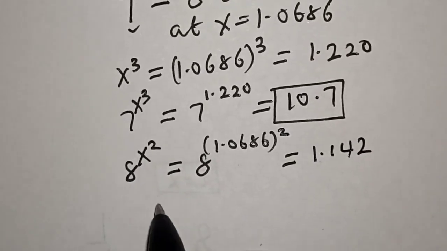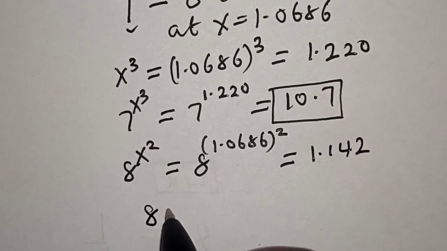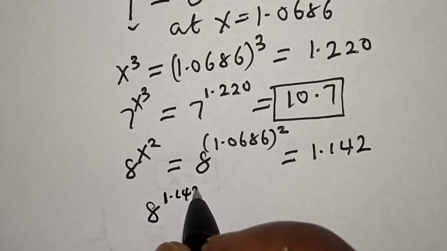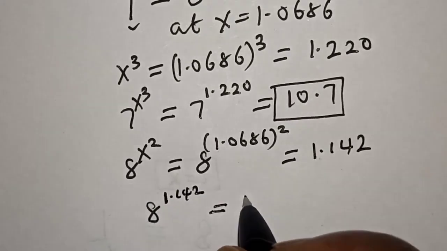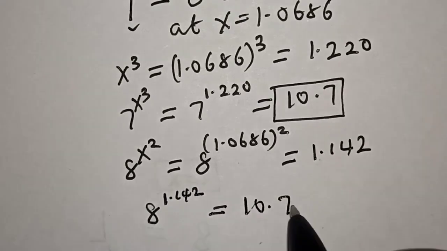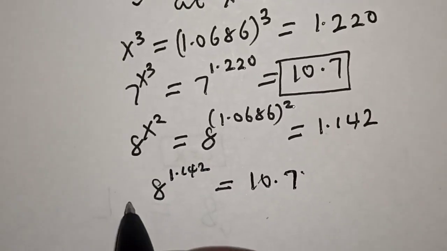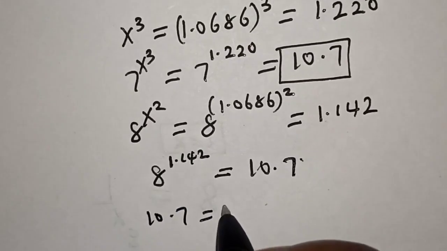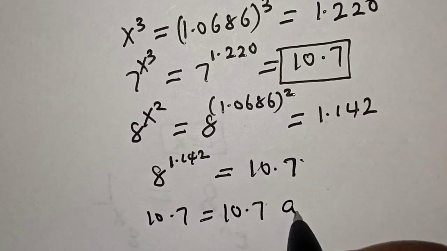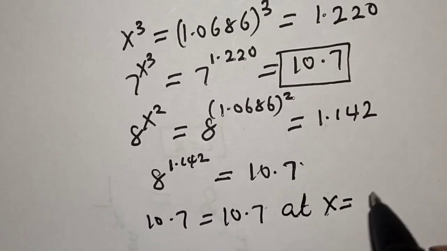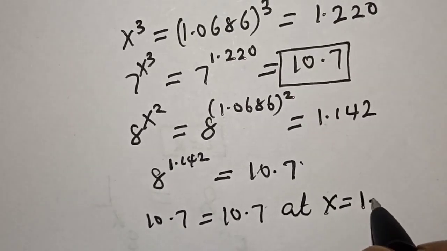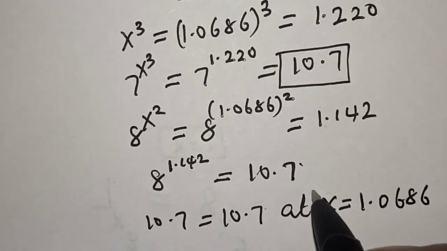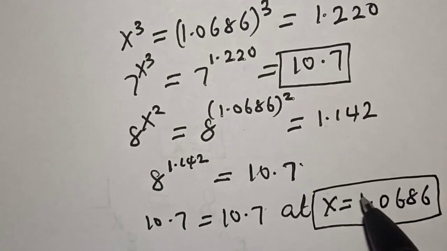Now 8 raised to power 1.142 is equal to 10.7, meaning that the left hand side 10.7 is equal to the right hand side 10.7 at s is equal to 1.0686, which satisfy the given equation.